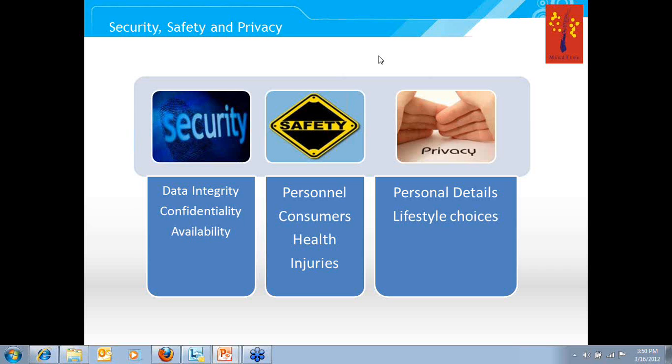So when you have the world where billions of such systems are connected, whether at your home or your offices or your factories, power plants, nuclear plants, your highways, intelligent highway systems and all these things, then it can pose a real challenge in terms of security and safety.